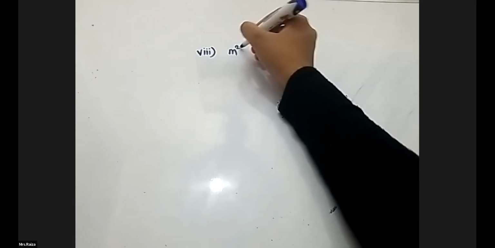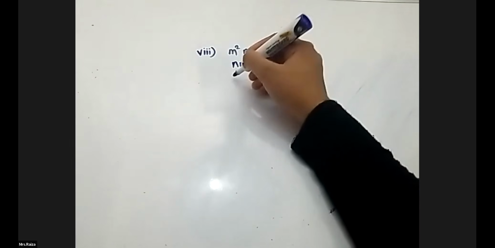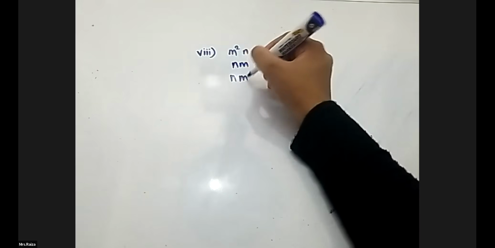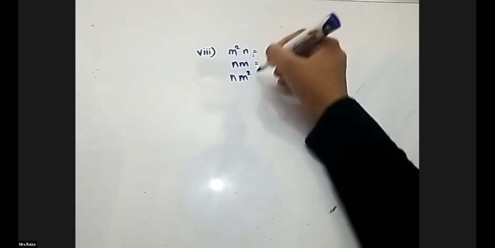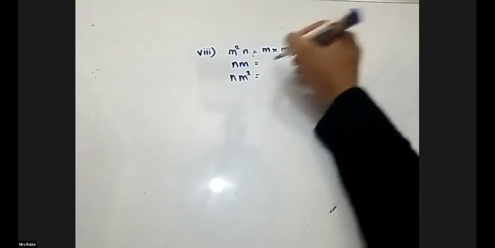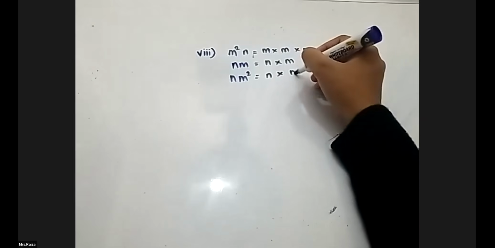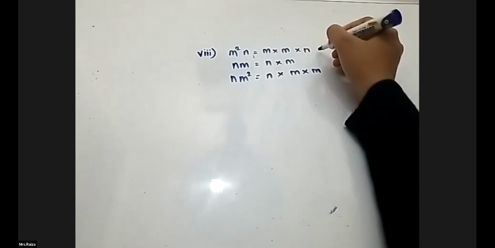Yes, very good. Right, look at Roman number 8. m squared n, n m, n m squared. That means m into m into n, into m, n into m into m.